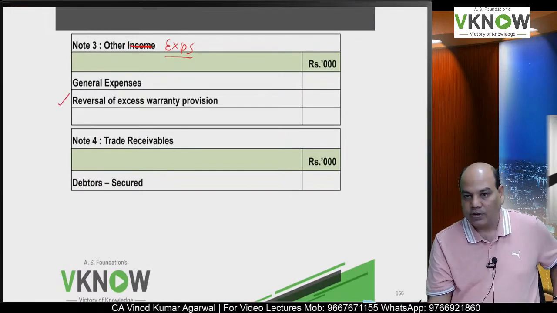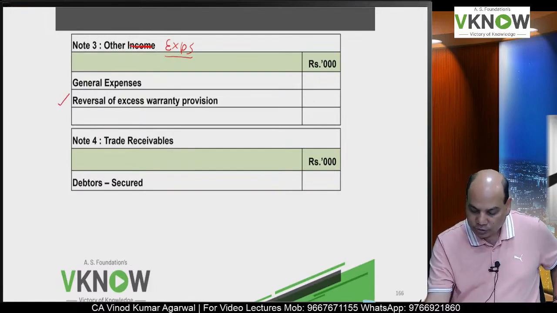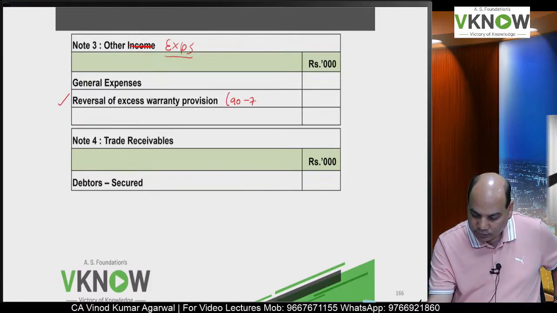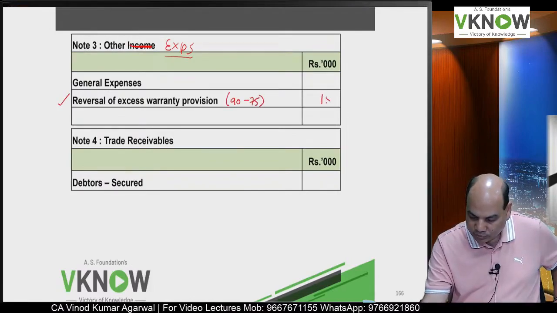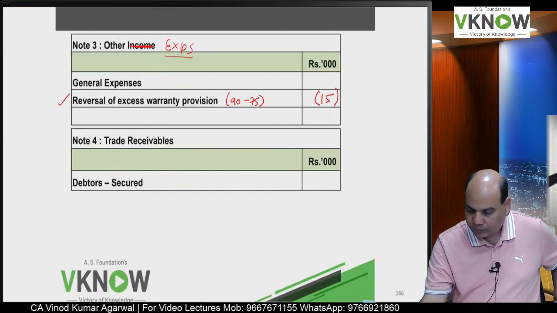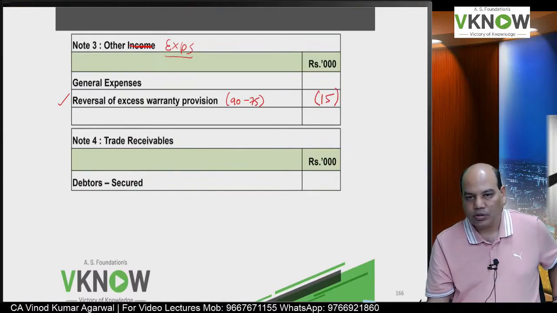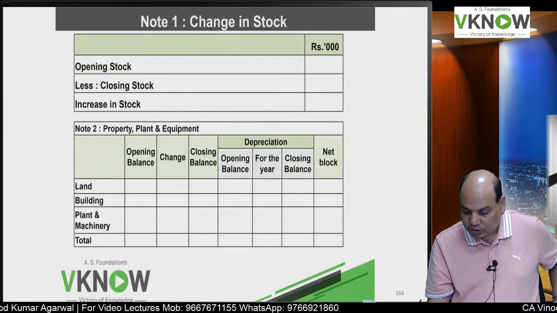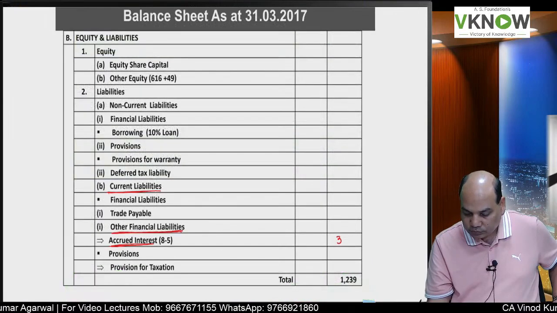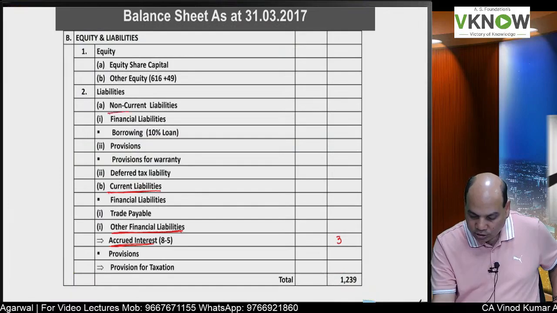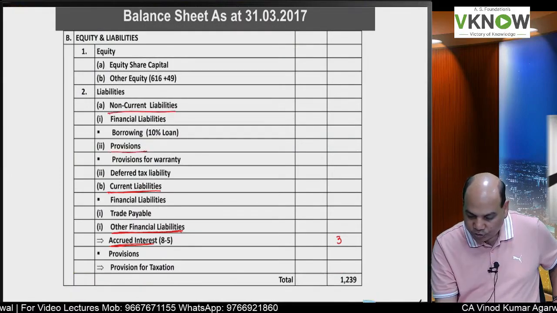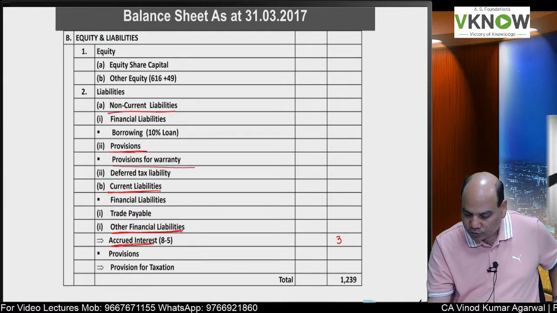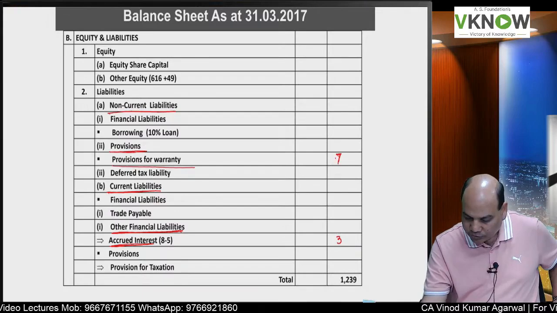Second line, reversal of excess warranty provision, 90 minus 75, 15 in bracket, because we are reversing the expense. And what about the second effect, 75? In the balance sheet, under the head non-current liability, provision for warranty 75.